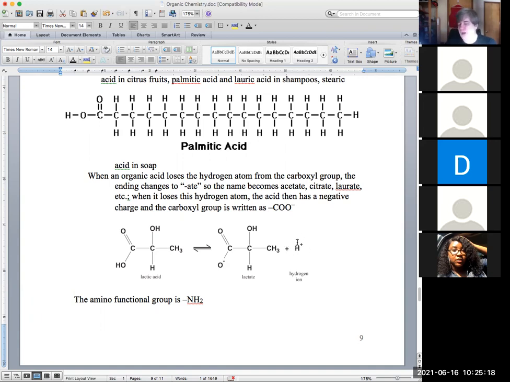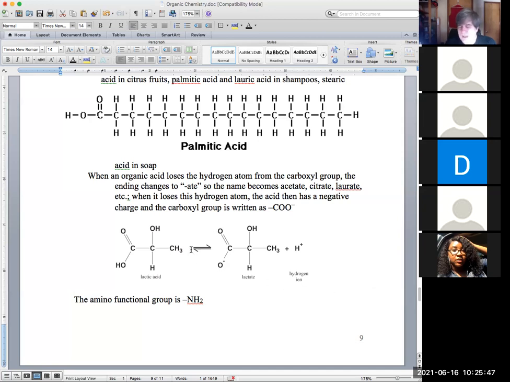And this hydrogen lost its electron. So hydrogen atoms have one proton and one electron, but since this lost its electron, it has one proton and 0 electrons. So this hydrogen has a positive charge. And one of the ways that we think about acids in chemistry is that acids make hydrogen ions with positive charges.